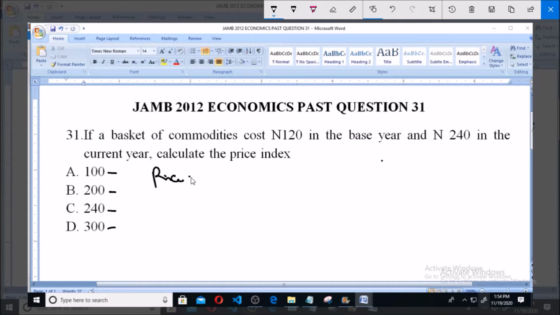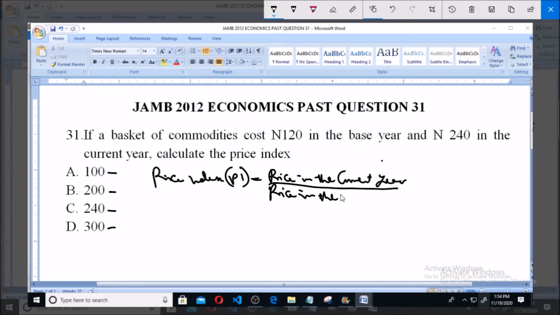Now, price index, PI, is equal to price in the current year over price in the previous year, times 100 over 1.